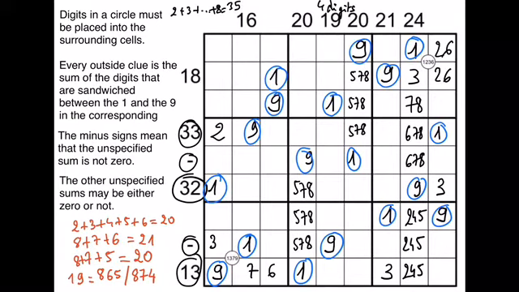So, we know there's a 6 in here, so there's no 6 here. There has to be a 6 here. And we say that the outside digits must add up to 14, so this has to be a 5. And now we have 7, 8 in those cells, so this is a 5.